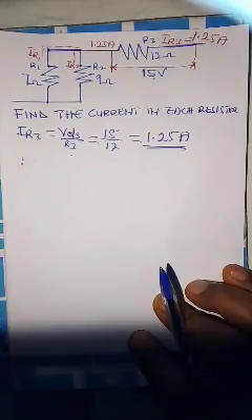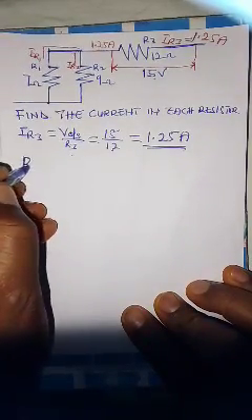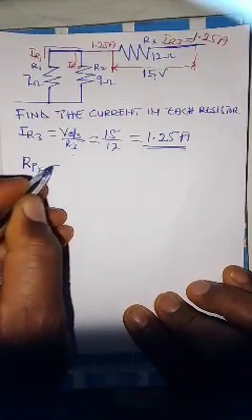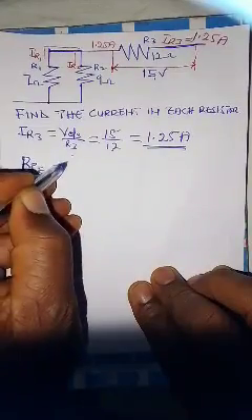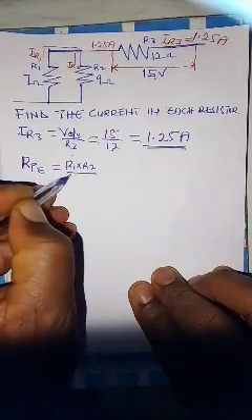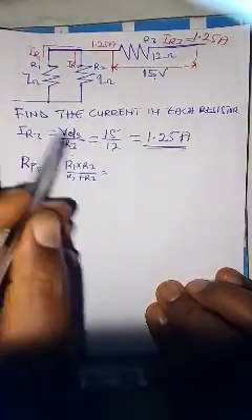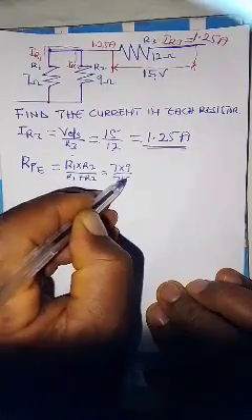So we have our total parallel resistance equivalent, which is going to be what? R1 times R2, product over sum. R1 times R2 over R1 plus R2, which is 7 times 9 over 7 plus 9.